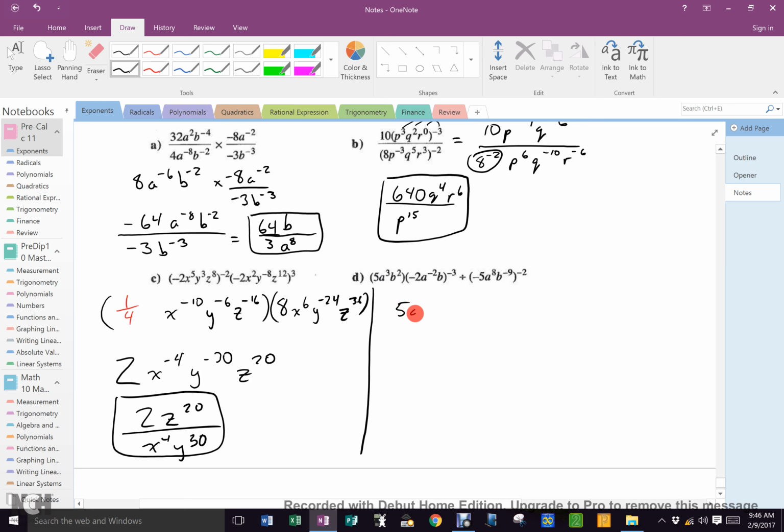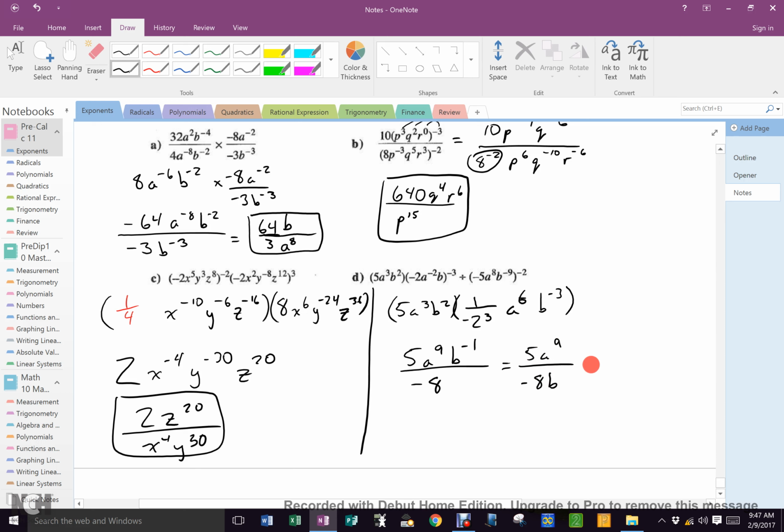So that's going to be 5a cubed b squared times 1 over negative 2 cubed, a to the positive 6, b to the negative 3. So that is 5a to the 9th, b to the negative 1 over negative 8, which becomes 5a to the 9th over negative 8b.